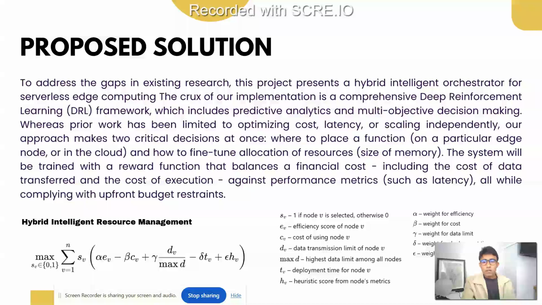In the proposed solution, from the three papers, we came to the conclusion that we can combine a deep reinforcement learning framework and a hybrid intelligent orchestrator to make good decisions, achieve the best memory management and latency reduction, by deploying our code on edge devices when they face a crisis in high load.